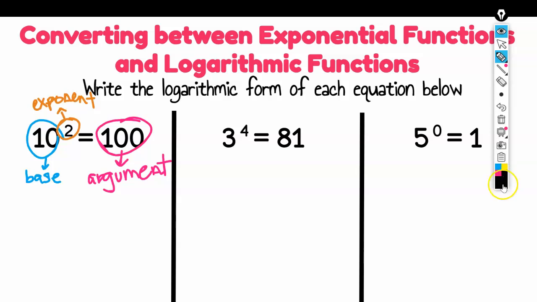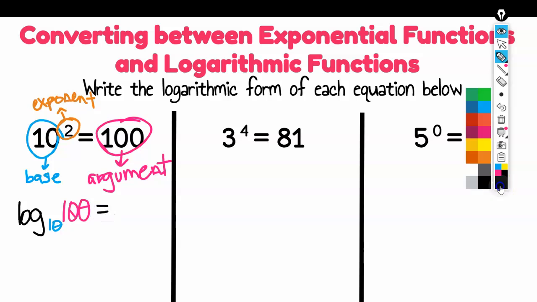So when I'm rewriting it in my log format, I should have log, the base at the bottom, then the argument is next, and then it equals whatever my exponent is.